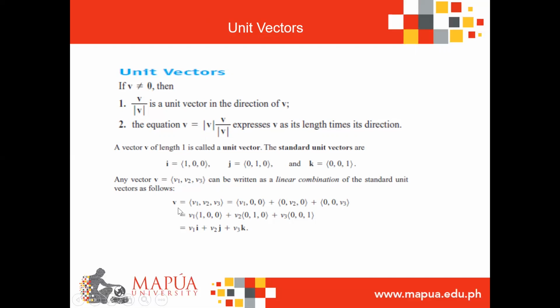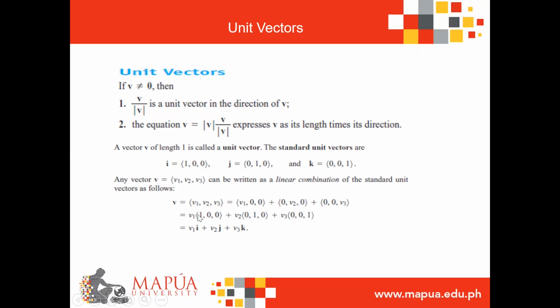So we have your vector v equals v1, v2, v3, which is equal to v1, 0, 0 plus 0, v2, 0 plus 0, 0, v3, where we can factor out the components v1, v2, v3 on these three vectors.